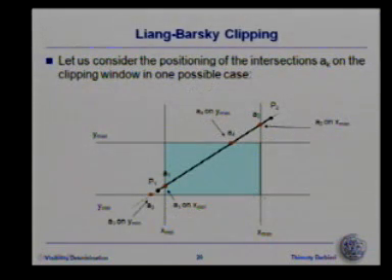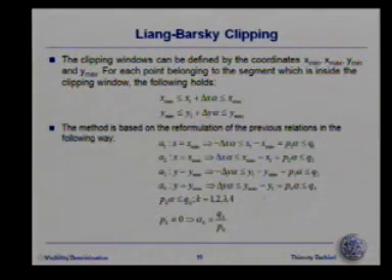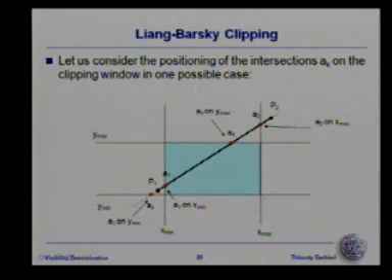What is the idea? Here you have x min, here you have x max, y min, y max. When you're considering the running x over x min as the position A1, I'm actually pinpointing A1 over here. So this is A1, that is the position on the line given by the parameter running x over x min.